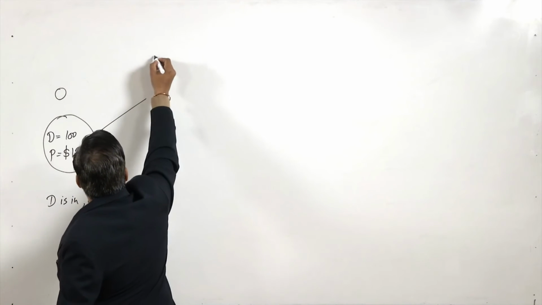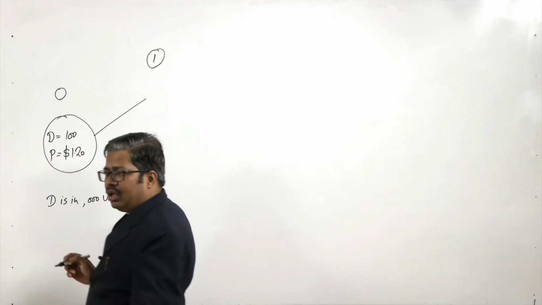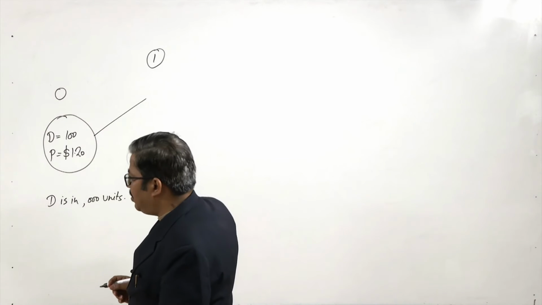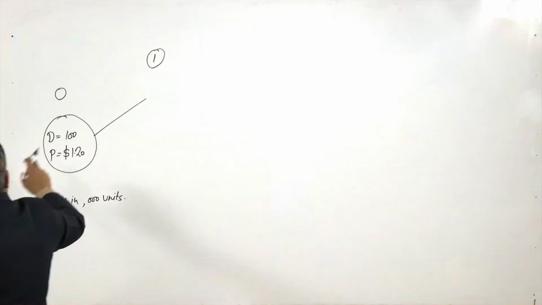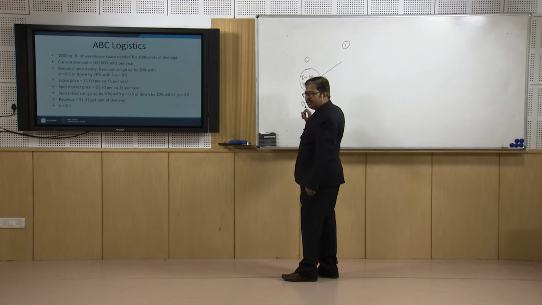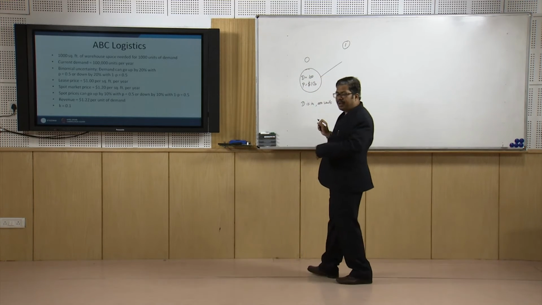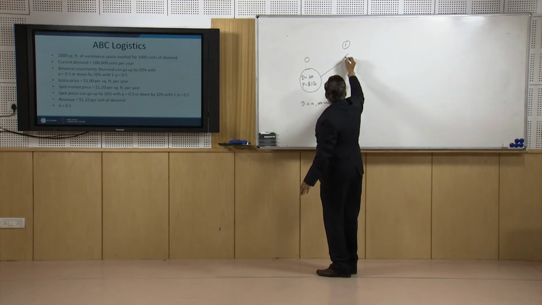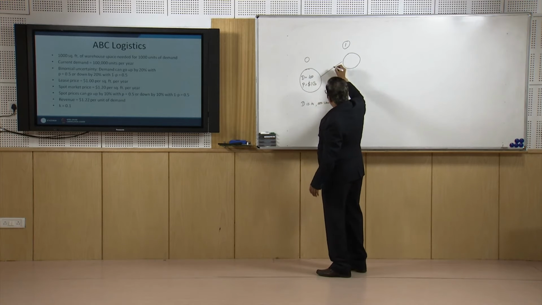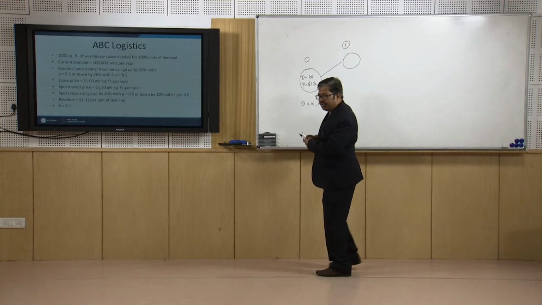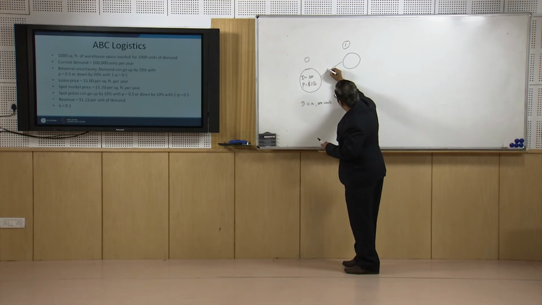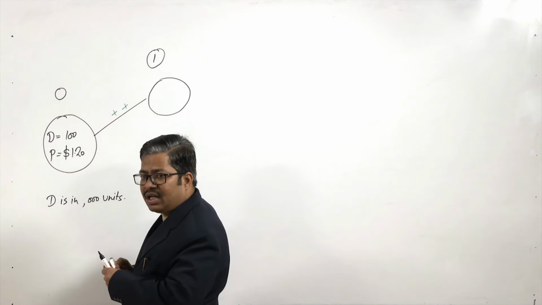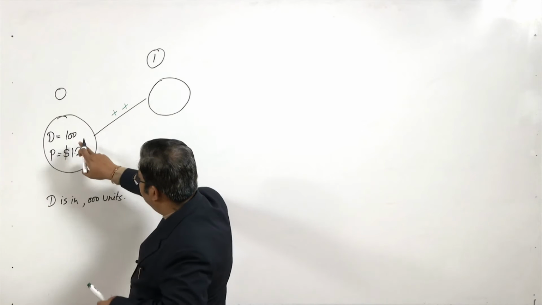Now we move to period 1. In period 1, what are the different possibilities? One possibility is that demand increases and price also increases. Demand is increasing, let me show this with plus plus, both being positive.